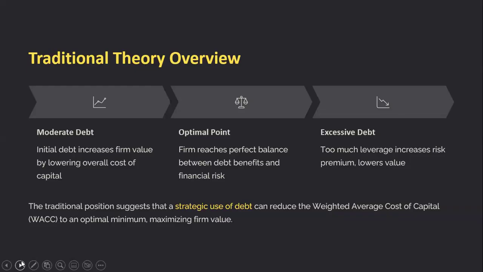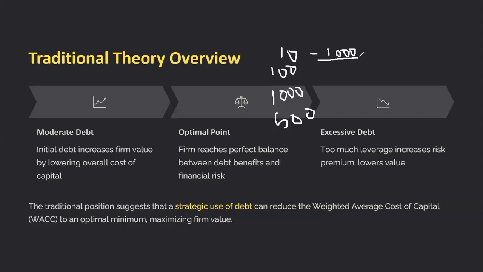So in simple terms, this approach advocates a quantified method where my business goes from 10 rupees to 100, it further goes to 1000 and 5000. Suppose my cost of equity is 1000 and my cost of capital is 1000.